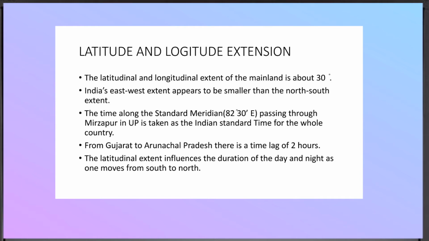So all the people in India follow the local time of Mirzapur. To avoid such confusion, we all follow one time that is called Indian Standard Time. So this is how the longitudes affect the time of a place, and also the time in our country, India.